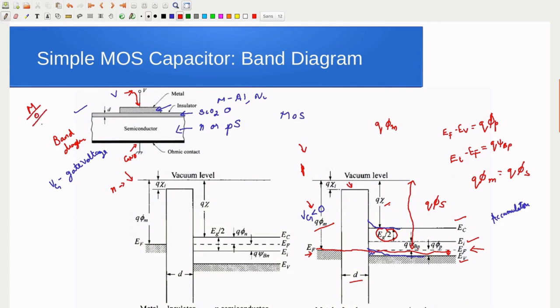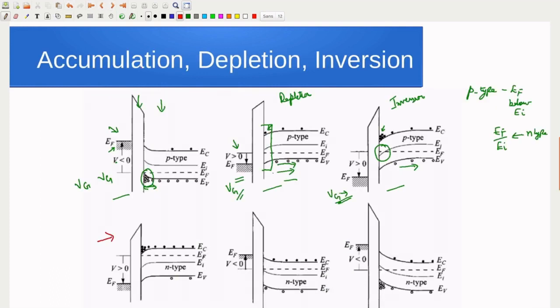This forms a capacitor because it is in the same shape as a capacitor. A capacitor had a metal, a dielectric and a metal. Here the only difference is that in place of one metal we are having a semiconductor, and because of that there will be a depletion layer forming between the insulator and the semiconductor. That is what we had seen by the application of different voltages.